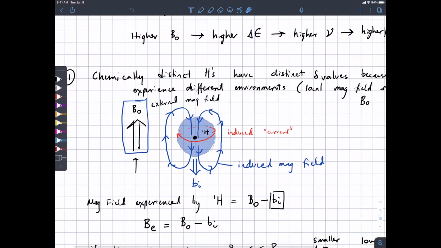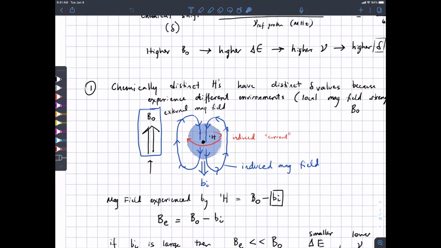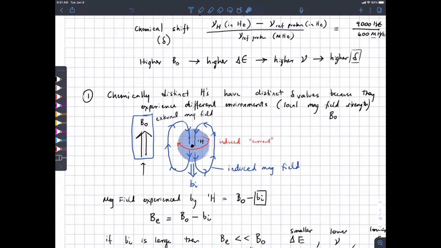Okay. Others? Yes. Do we need to make external magnetic fields that have both positive and negative directions? No. The thing that will have plus or minus spin is the proton. The external magnetic field that we apply will just be in one direction.